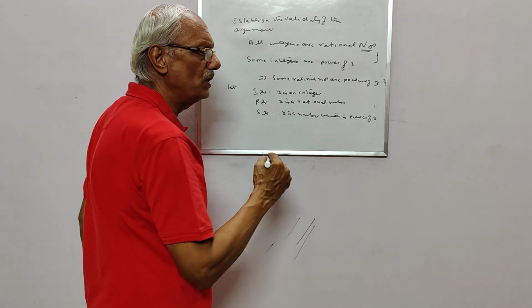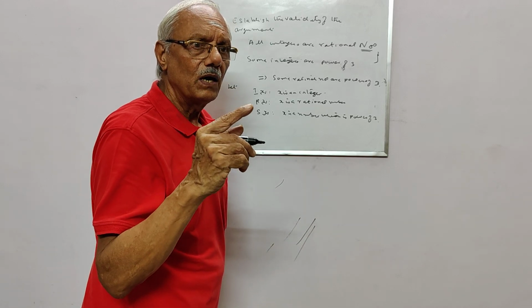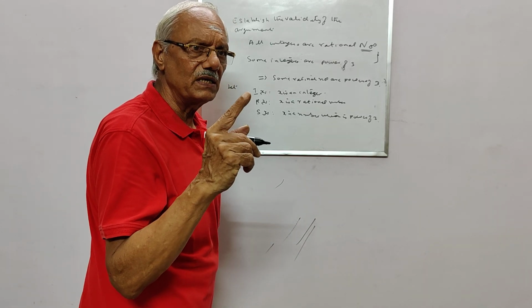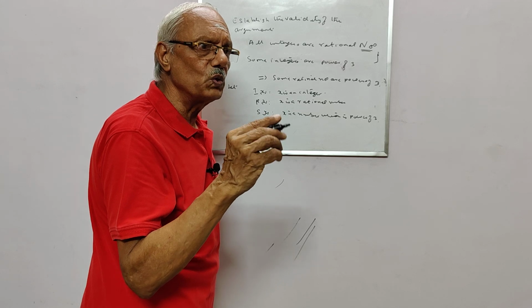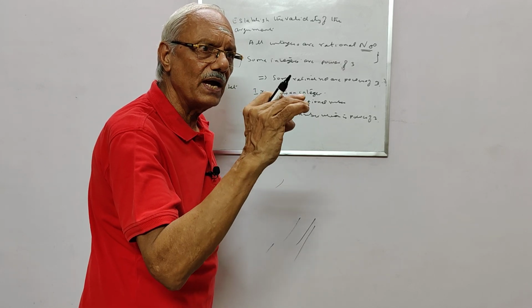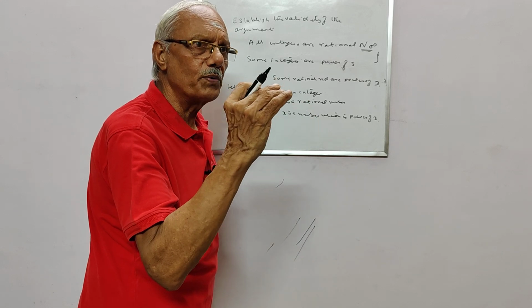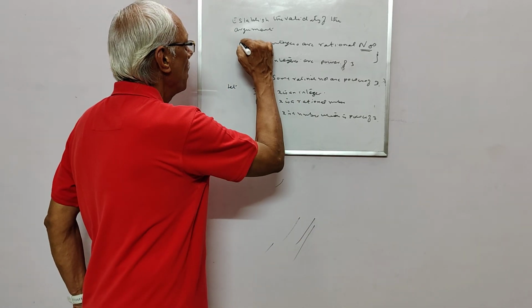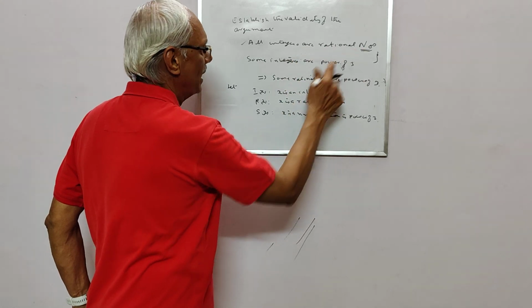Now what you have to do is, as I have done in statement calculus, you must be able to correctly write the compound proposition. What is that compound proposition? All integers are rational numbers.